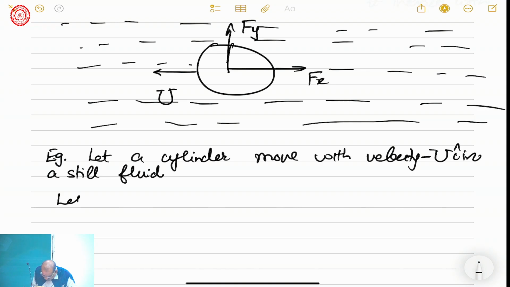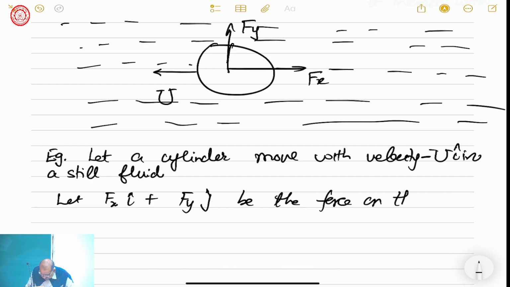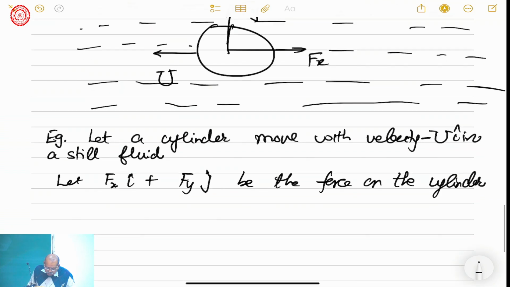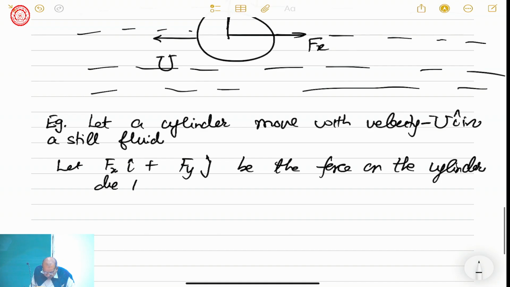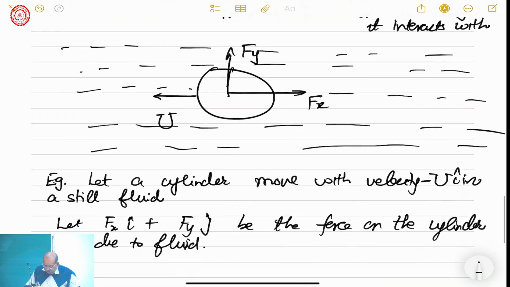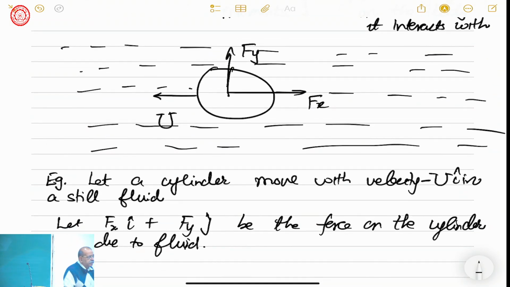So, let F_x i plus F_y j be the force on the cylinder due to fluid. Okay. So this is what you will try to measure.